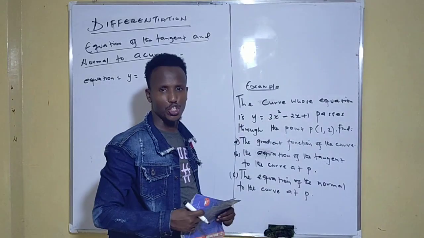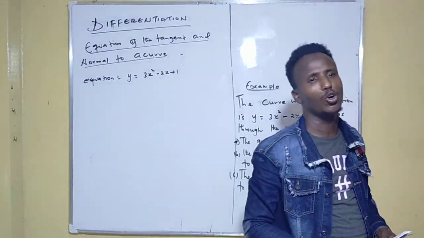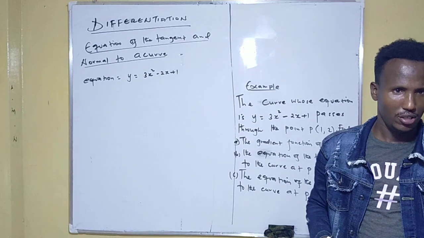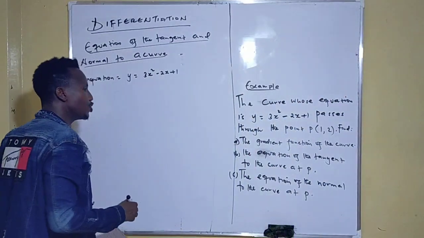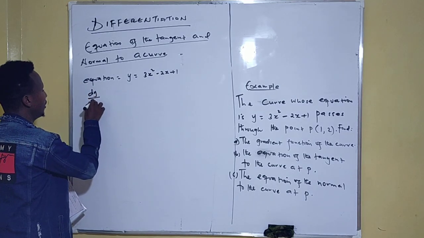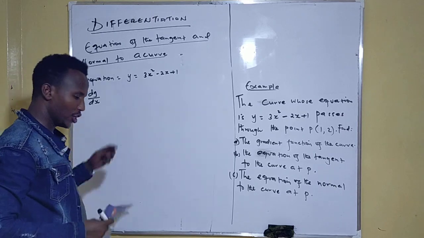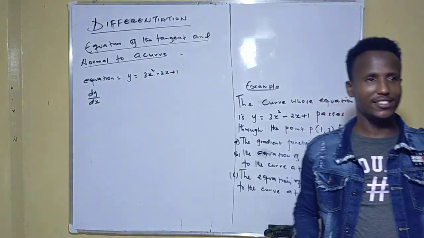You only differentiate the equation. Then after you differentiate, you are going to get what you normally call the gradient function. So when we are differentiating, we are saying dy over dx, differentiating y with respect to x.